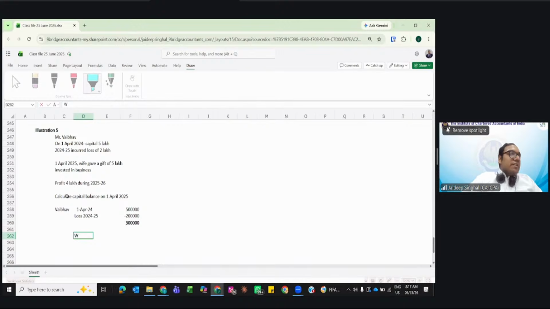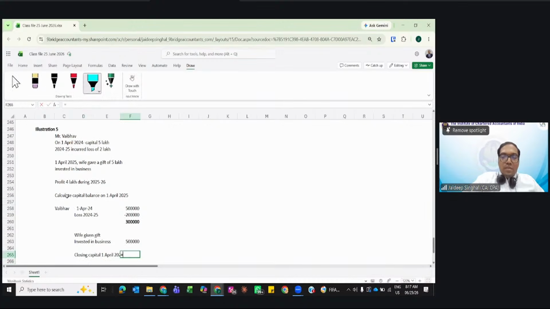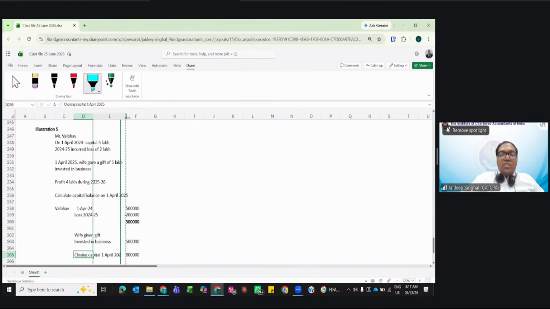Then wife has given a gift, invested in business, 5 lakhs. What is the closing capital? On 1st of April 2025, it is 8 lakhs. So can I say there is a rule that I have to check the capital on 1st of April only?